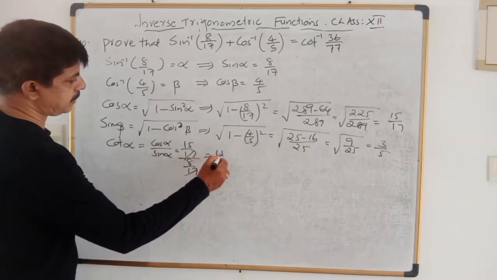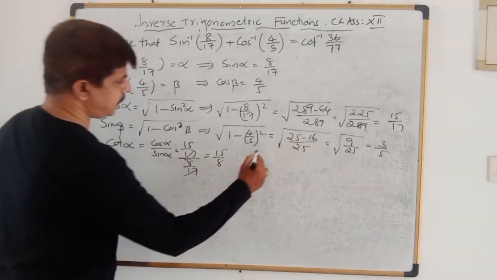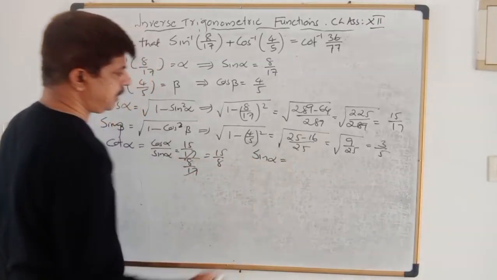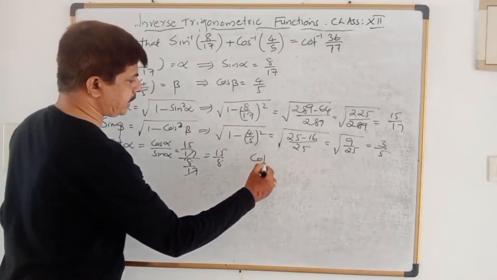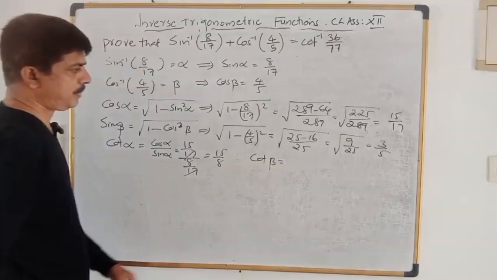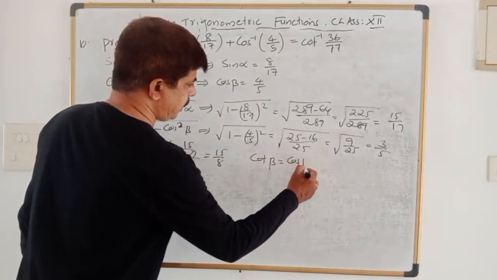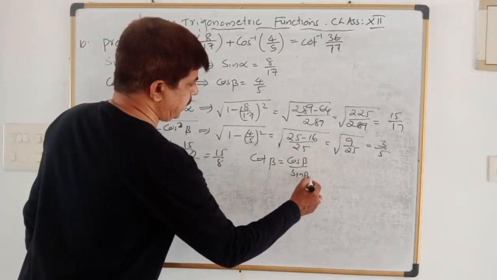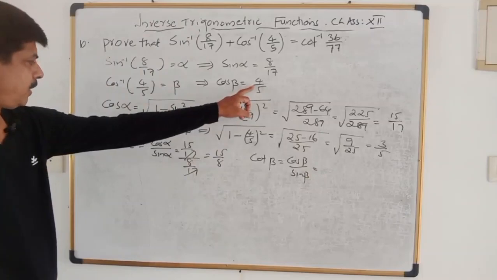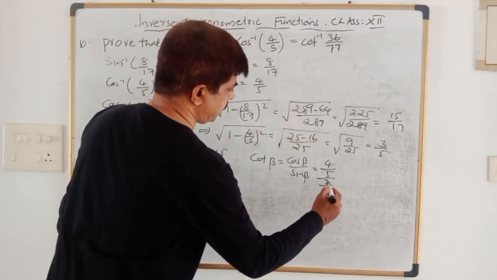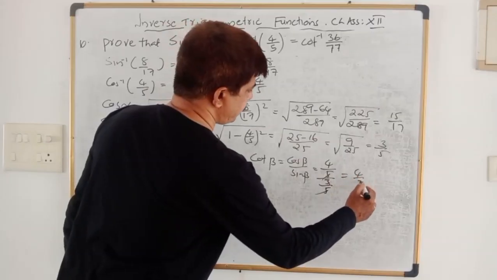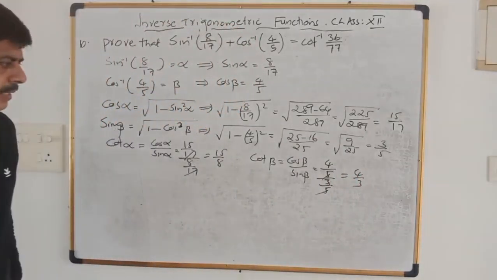It can be cut, 15 by 8. Cot beta is required to find. Cot beta means cos beta by sine beta. Cos beta 4 by 5, sine beta 3 by 5. 4 by 5 by 3 by 5, we are getting 4 by 3.